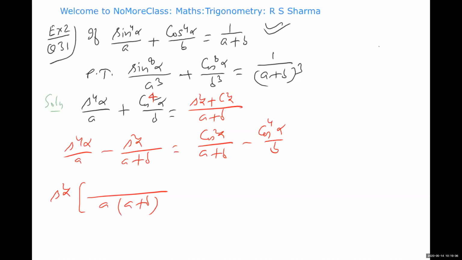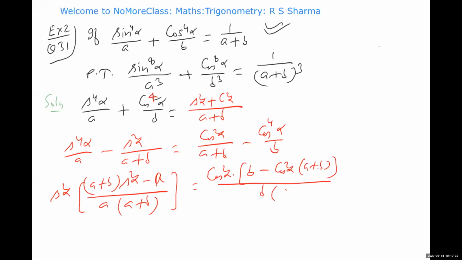So take sine square alpha outside, and this will be A into A plus B. So you will be left with A plus B sine square alpha minus 1 is equal to, take cos square alpha outside, A plus B minus A, sorry, A plus B minus A. Here you will get cos square alpha outside, B minus cos square alpha into A plus B into B into A plus B. So this part will cancel out.